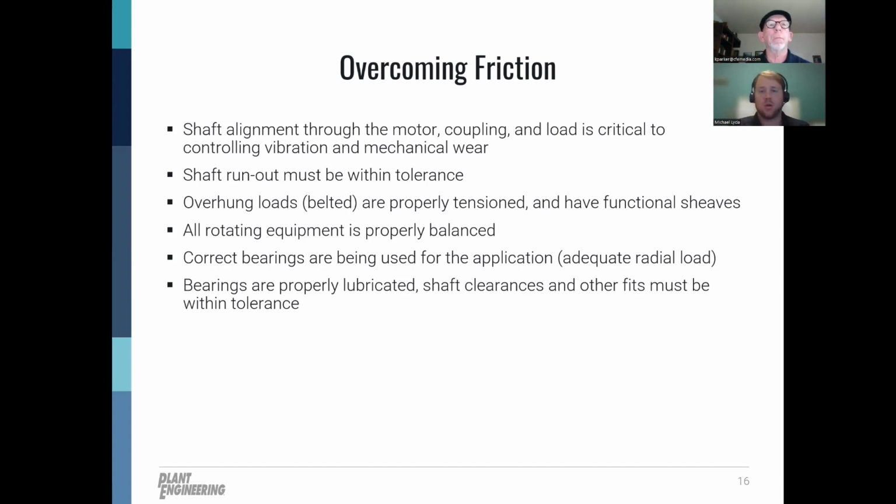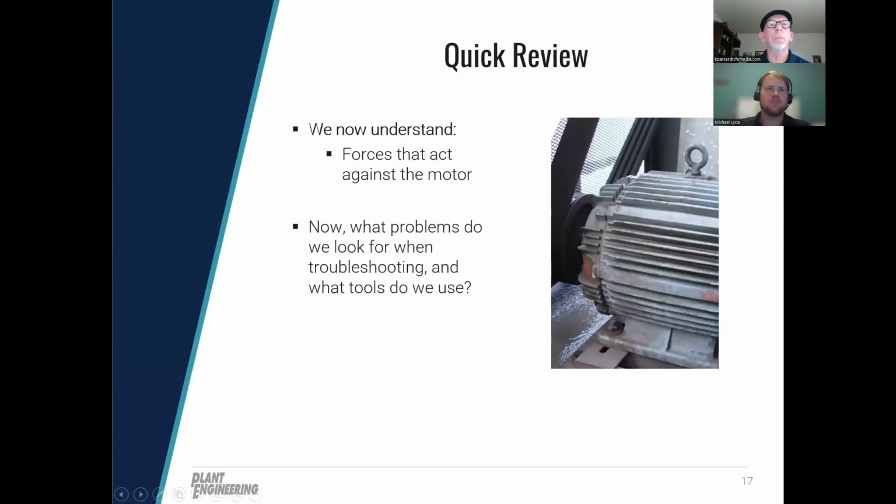You don't want to over grease the motors. For lubrication type, Polyrex EM is the blue stuff. That's the most common recommended grease that we see these days. When you have specialized applications or specialized bearings, it may be a different type, but that's the most common right now.